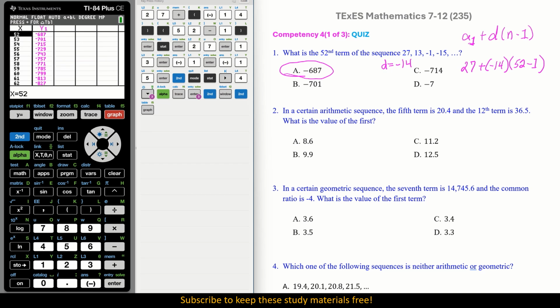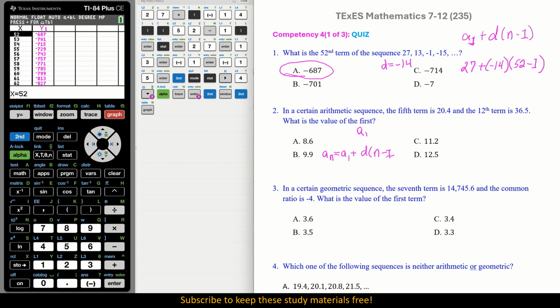All right, so let's go to number 2. In a certain arithmetic sequence, the 5th term is 20.4 and the 12th term is 36.5. What is the value of the first term, which is your A of 1? First we need to remember the formula: A(n) equals A of 1 plus D times n minus 1.